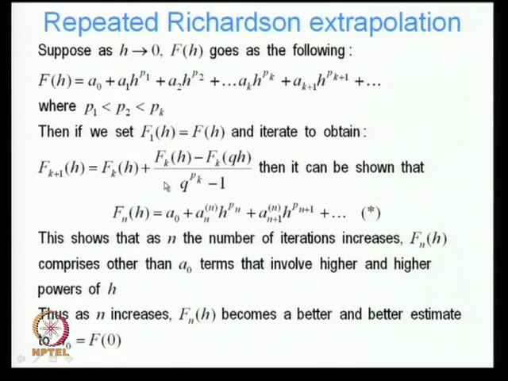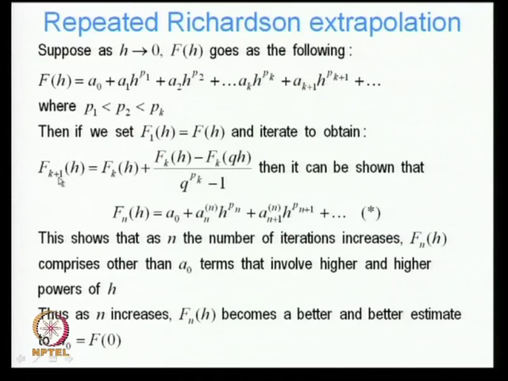We start with f1 equal to f of h, and use that to calculate f2: f2 of h is equal to f1 of h plus f1 of h minus f1 of qh divided by q to the power p1 minus 1. So, that will give me f2.